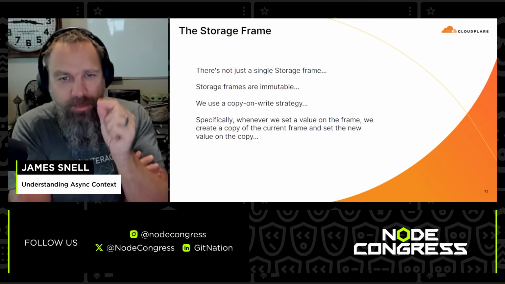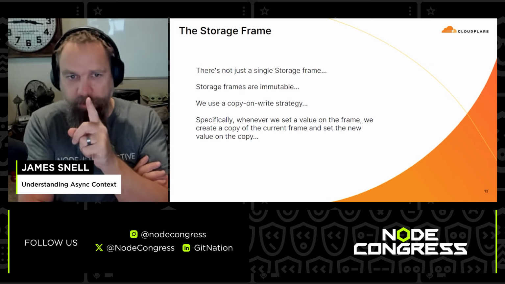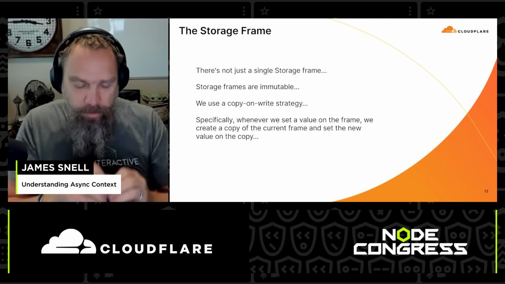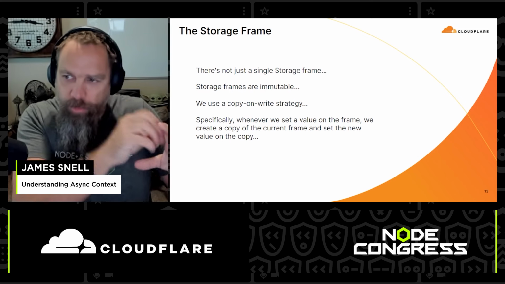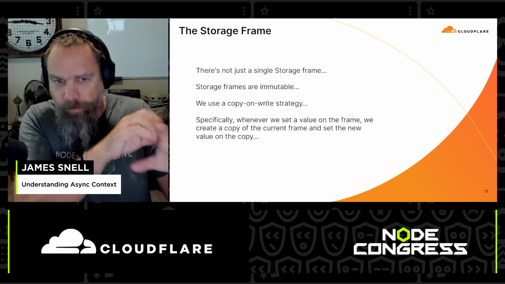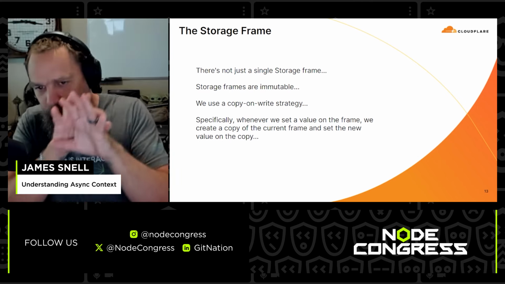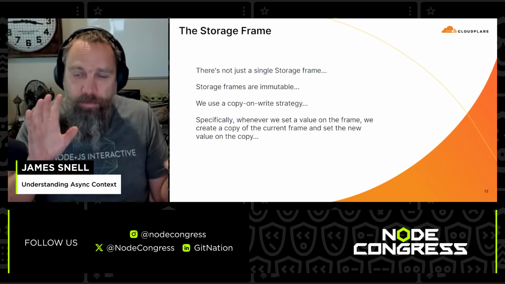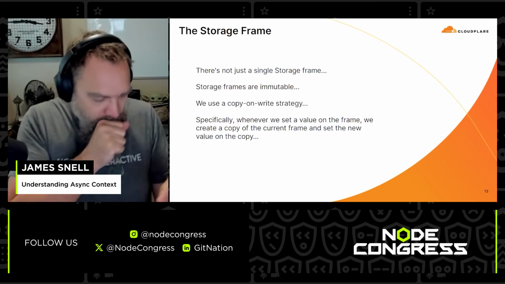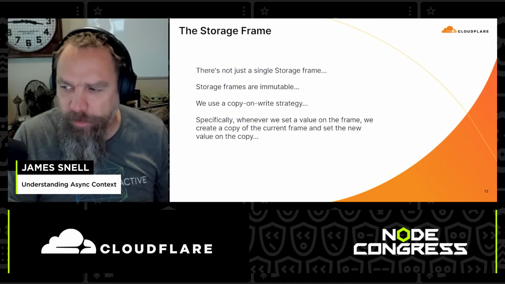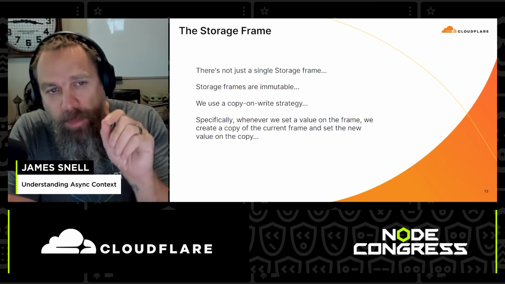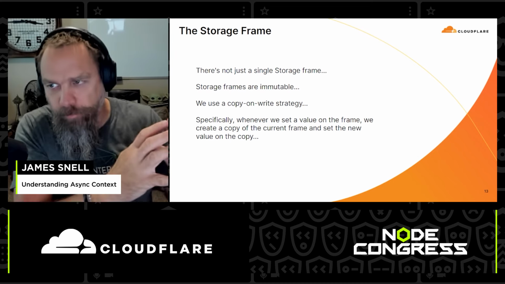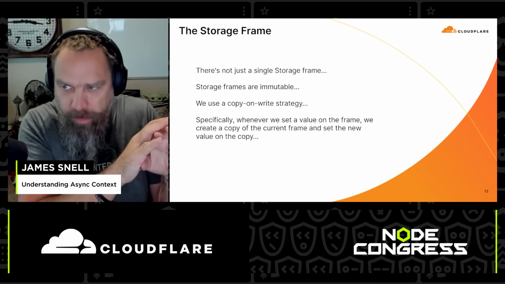Importantly, there's not just a single frame in the application. Storage frames are immutable. We use a copy on write strategy. Whenever we set a new value for an async local storage variable, we copy the existing frame into a new instance and then set that value there. This is very important for performance, and we'll get into exactly why this works in a few minutes. But it's important to understand that once a storage frame is created, that instance should remain unchanged.